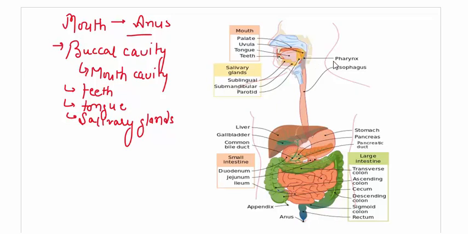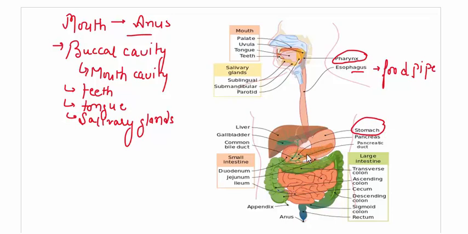The mouth cavity leads to a very short passage called the pharynx, and the pharynx is a common passage for both food and air. After the pharynx, the esophagus starts, which is also called the food pipe. The esophagus leads to the stomach, which is a J-shaped bag.